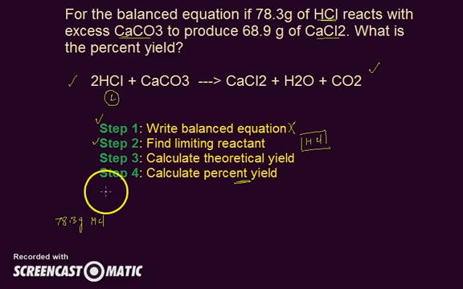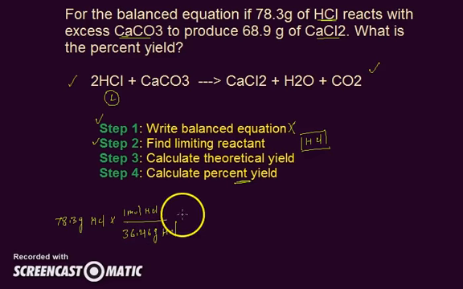The molar mass of HCl is 36.46 gram per mole. It means that 1 mole HCl has 36.46 gram HCl. Here I mention 1 mole HCl, and in the bottom we have 36.46 gram HCl.